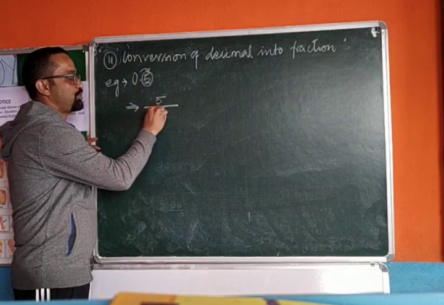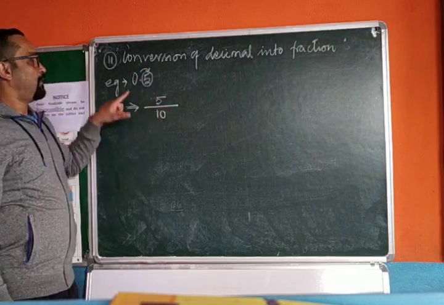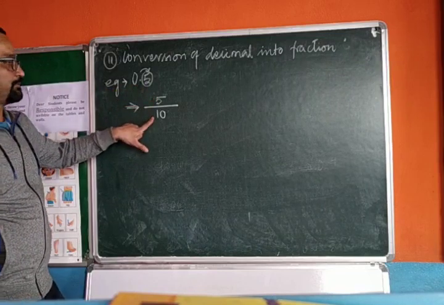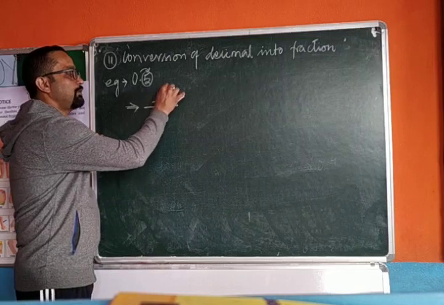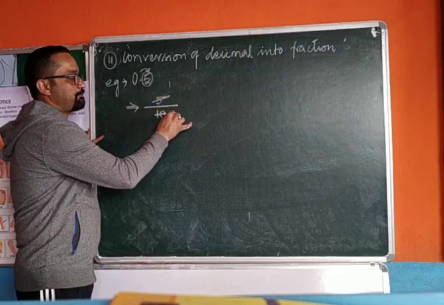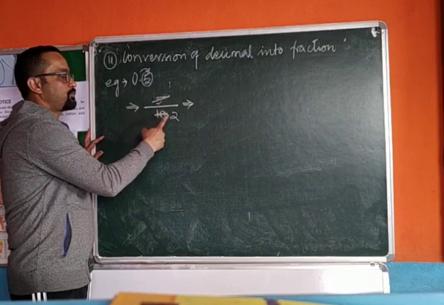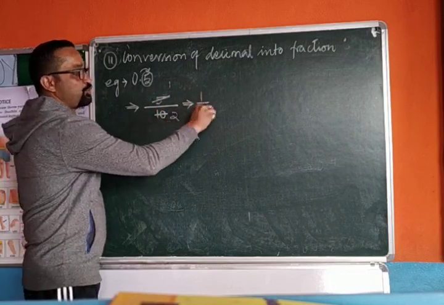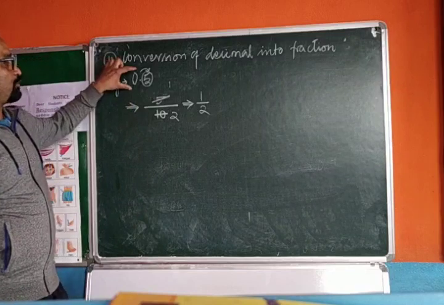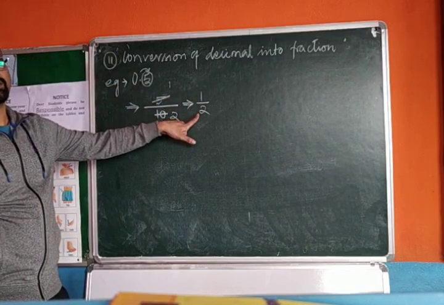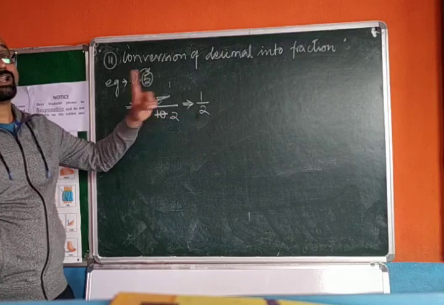So we write 0. 0.5 is converted to fraction. It is reducible. You can reduce it by cancellation. 5 1 times 5, 5 2 times 10, it is 1 by 2. 0.5 has converted to fraction, it is 1 by 2, 1 upon 2.